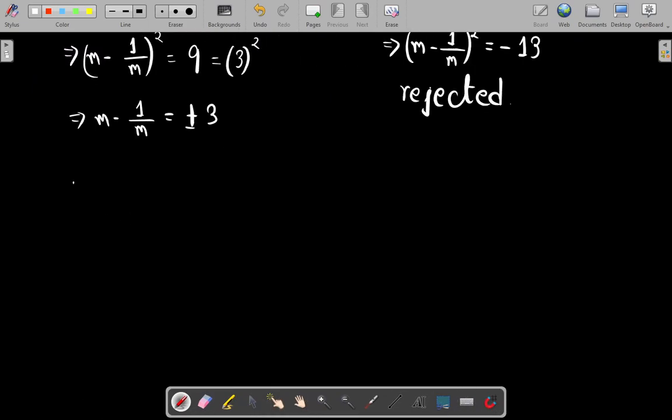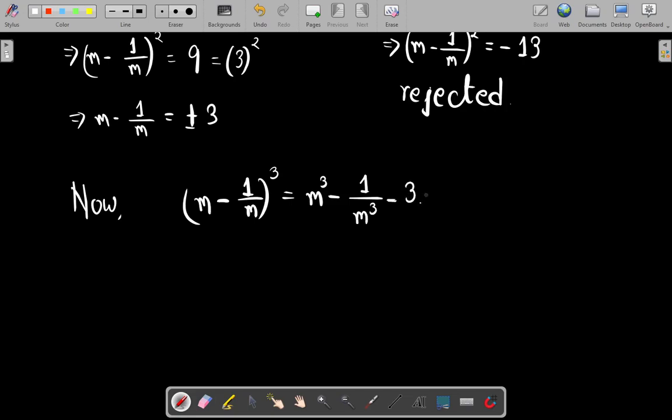Now, the formula for m minus 1 upon m whole cube is m cube minus 1 upon m cube minus 3 times m times 1 upon m times m minus 1 upon m.